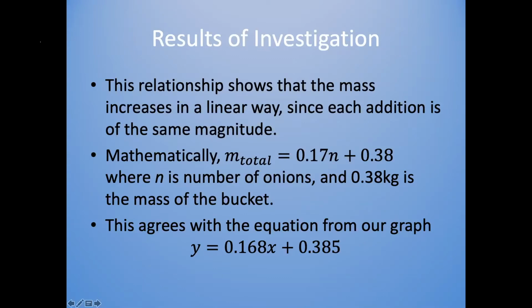So that matches our empirical values really well. We had 0.17 as our average, and Logger Pro got 0.168. And we know that our bucket weighed 0.38, and Logger Pro thinks it should have weighed 0.385. So that seems to agree really well, the mathematical fit versus our empirical numbers.